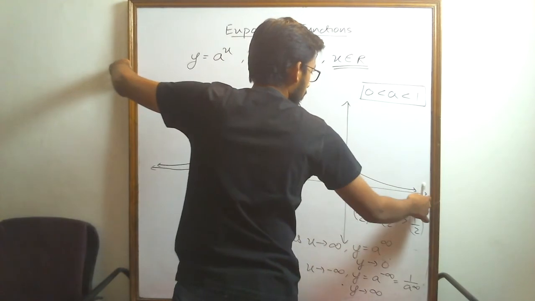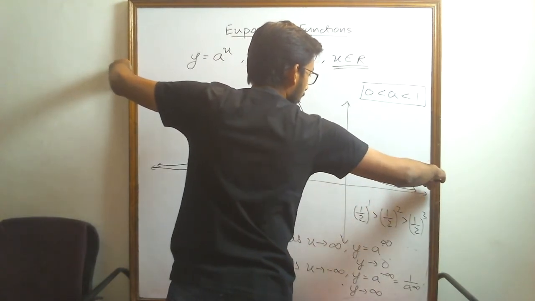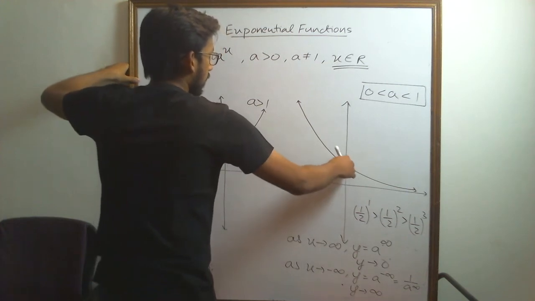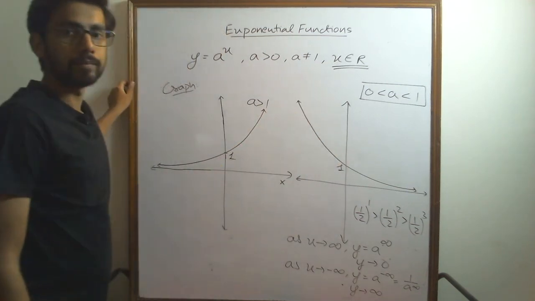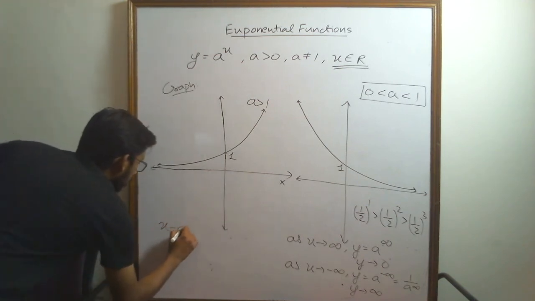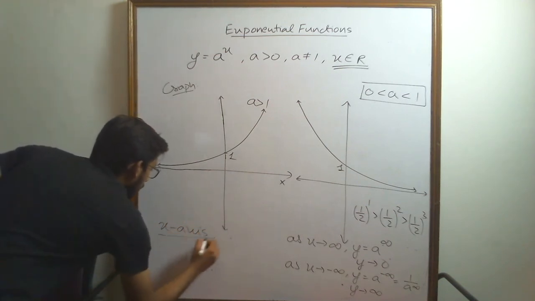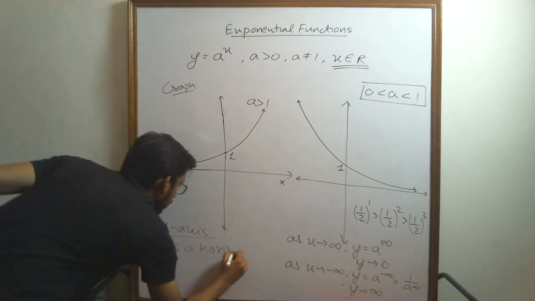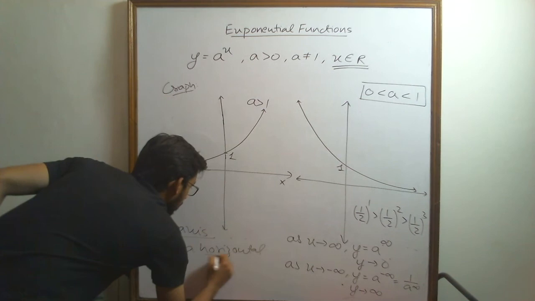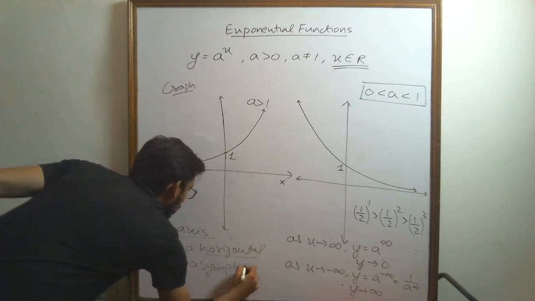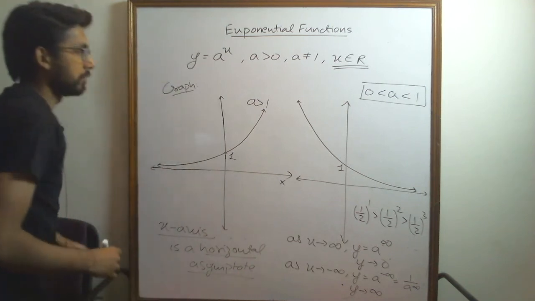That's why as x tends towards infinity, y goes like this towards 0, and as x tends towards minus infinity, y tends towards infinity. So we see that the x-axis is a horizontal asymptote for the exponential function.